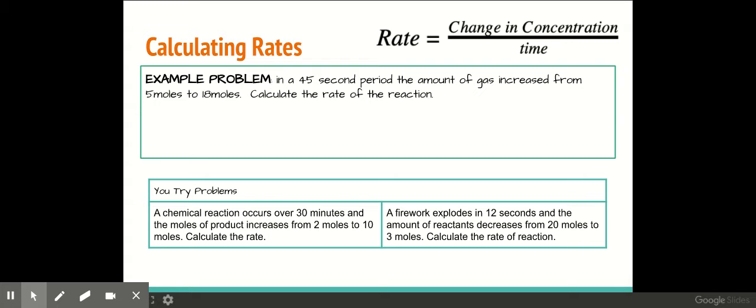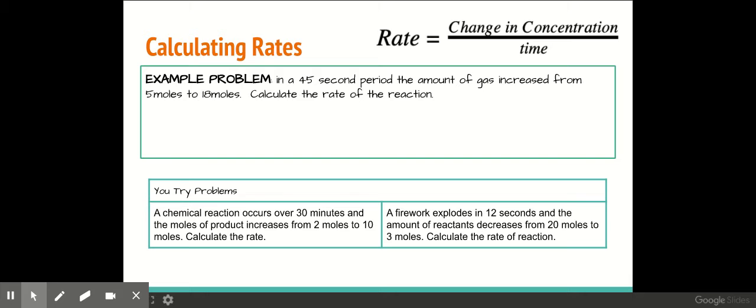The example problem says, in a 45-second period, the amount of gas increases from 5 moles to 18 moles. Calculate the rate of reaction. So what we're going to do is take the change in concentration, that's the difference between the 5 and the 18 moles, and calculate the rate of reaction by dividing by the 45 seconds.